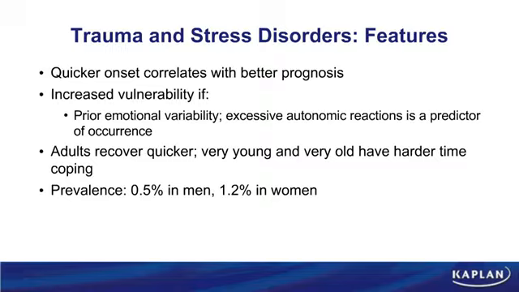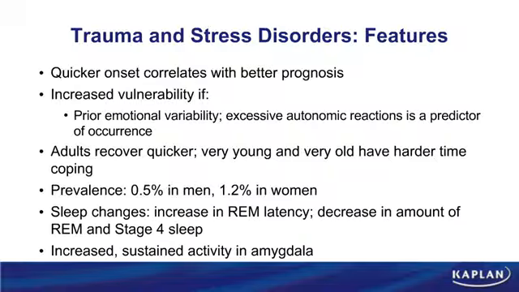You're going to find more PTSD and acute stress disorder in women than you do in men. The number one cause of PTSD in women is rape, and in men it is war. Because this causes sleep disturbances, you will see changes in sleep, such as increase in REM latency, decreases in the amount of REM and stage 4 sleep.